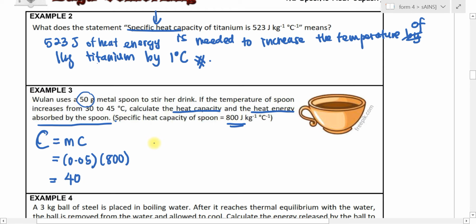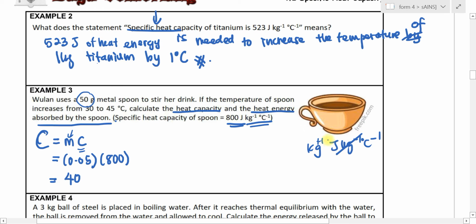Cuba ramalkan dia punya unit. kg negatif. M tu apa dia? Kg kan? Kg. C tu, ni dia ada kan? J, kg, negative 1, C, negative 1 kan? Kg, positive 1.